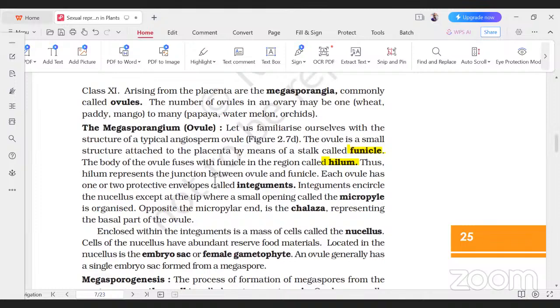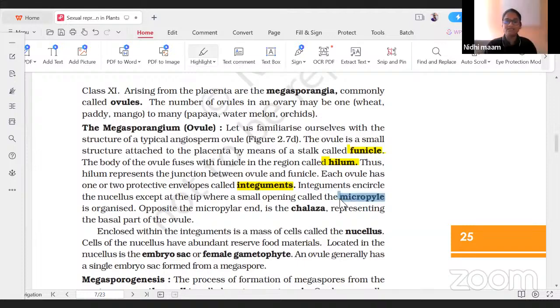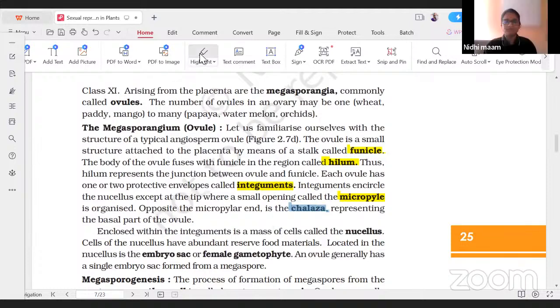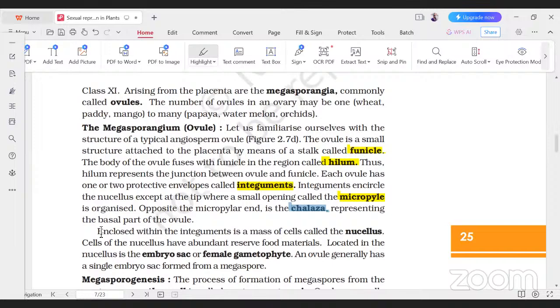Each ovule has one or two protective envelopes called integuments. Integuments encircle the nucellus except at the tip where a small opening called the micropyle is organized. Opposite the micropyle is the chalaza, representing the basal part of the ovule.